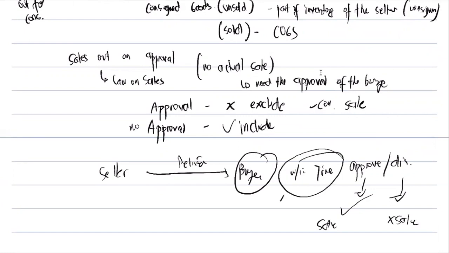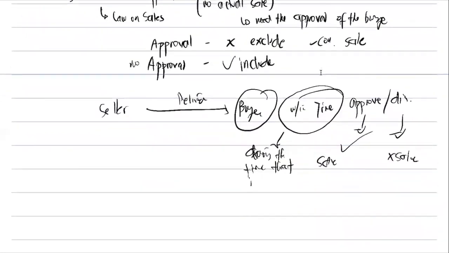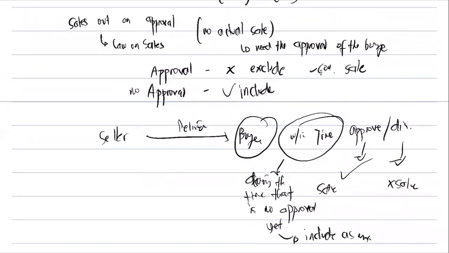But during the time that there is no approval yet, still include as inventory. Okay, so I hope we are clear. If there is no approval yet, include. If no approval, still at the end, include. If it's approved, then exclude.